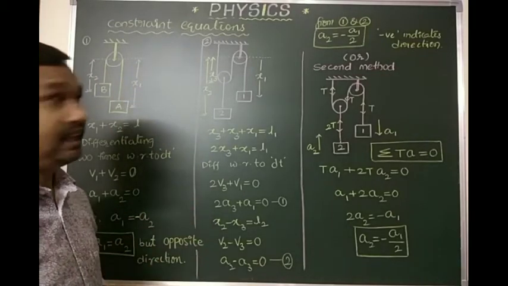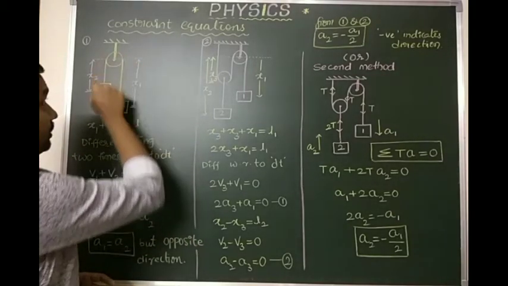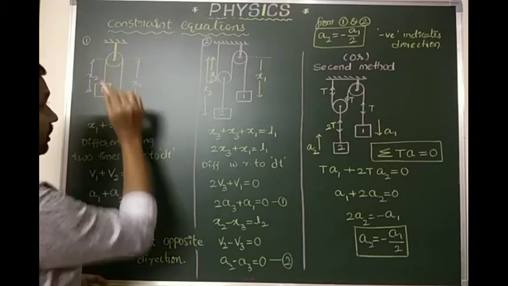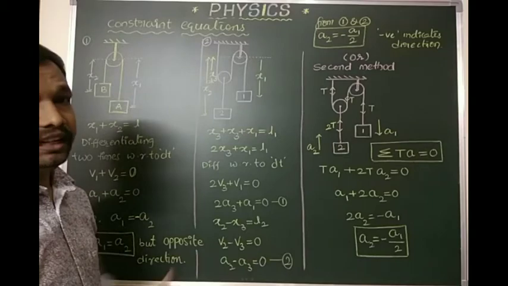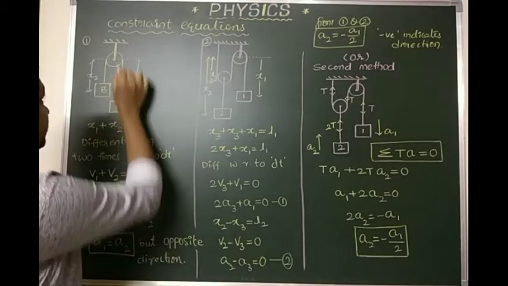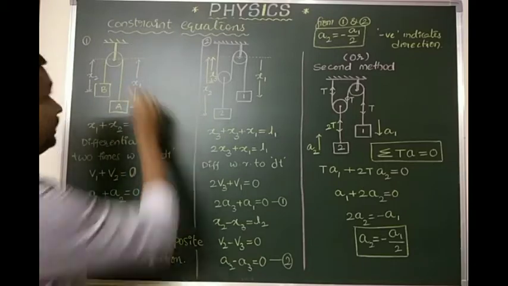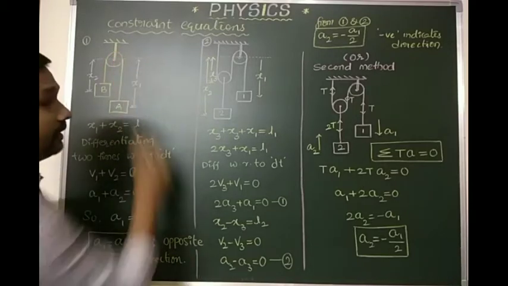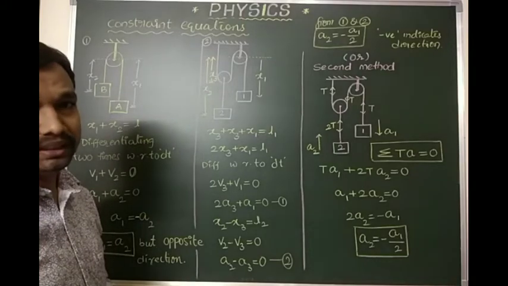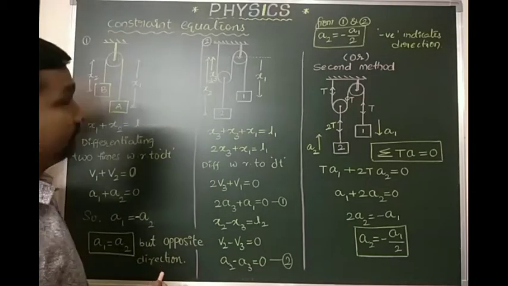How many strings are there here? Only one string, so we will get only one equation. We need to consider the total length of the string. Over the pulley the string length remains constant, so we are not considering above the reference line.